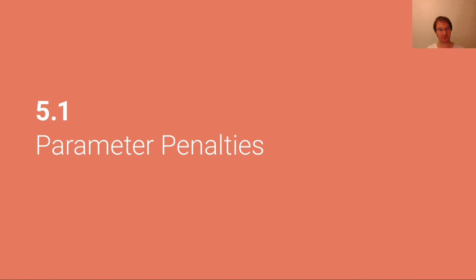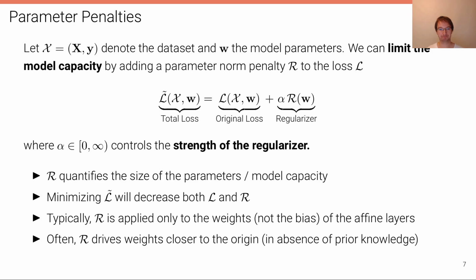Good, so let's start now with parameter penalties. Let's use the common notation that we've used before, calligraphic X, for denoting a data set, X, Y. So again, all the rows of X are the inputs, all the rows of Y are the outputs. Here we have one-dimensional outputs in this example, but could be more. And let W denote the model parameters. This is a generic notion of model parameters.